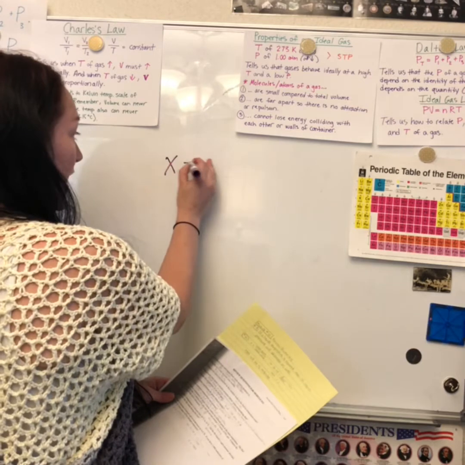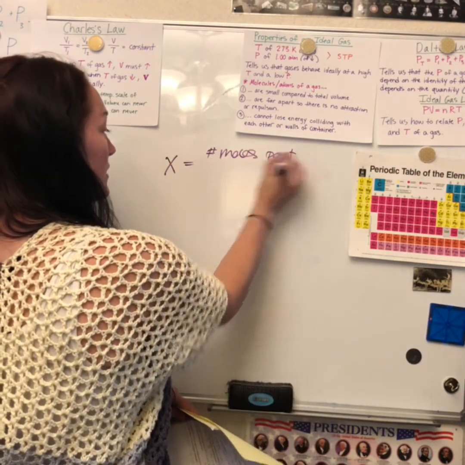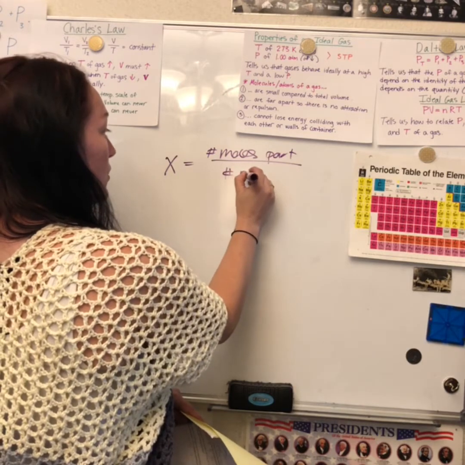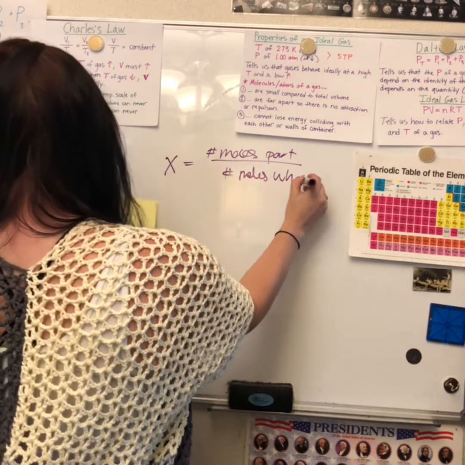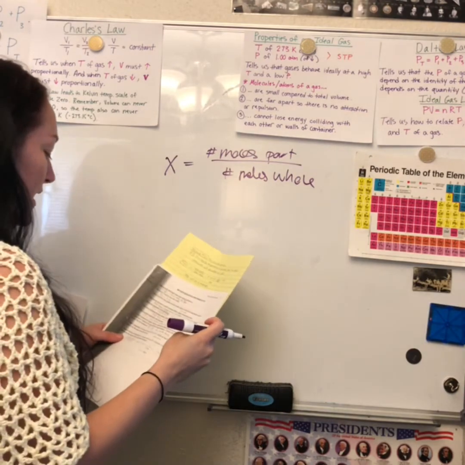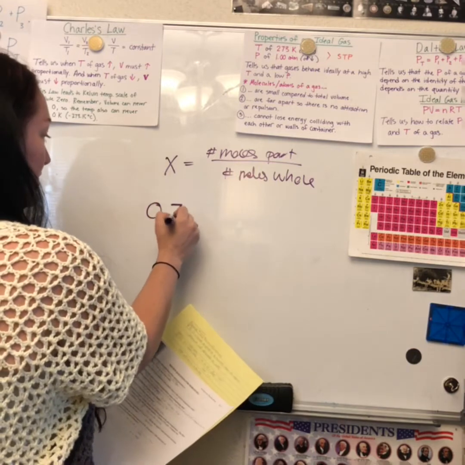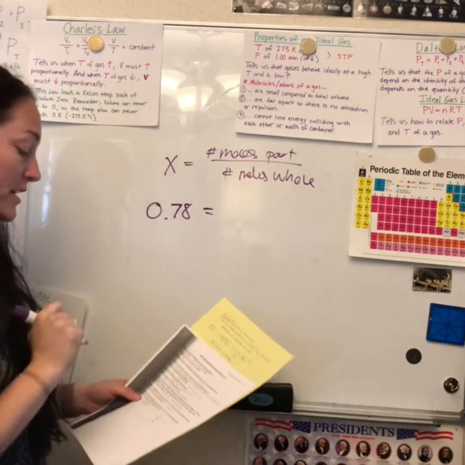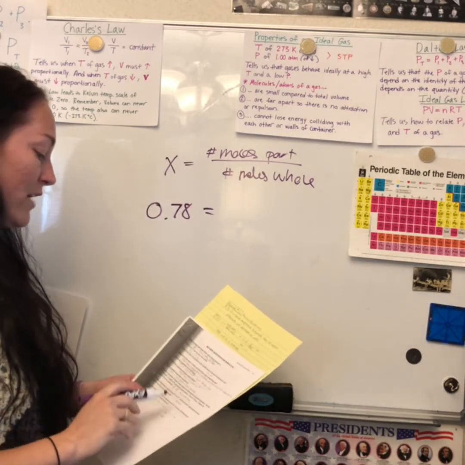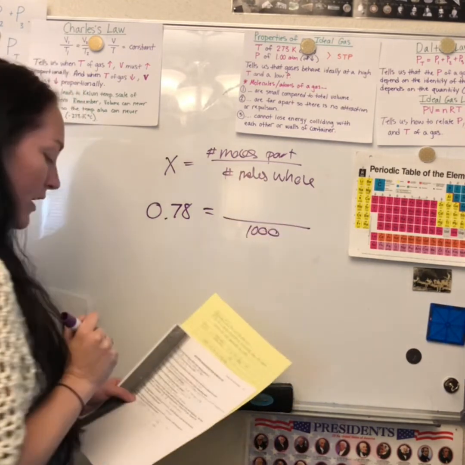I know the mole fraction is just number of moles of the part over number of moles of the whole. Okay, so they gave us the mole fraction. They said it is 0.78. So I'm going to stick it in for this. Okay, and then they said you have 1,000 molecules of compressed air. I've got 1,000 down here.